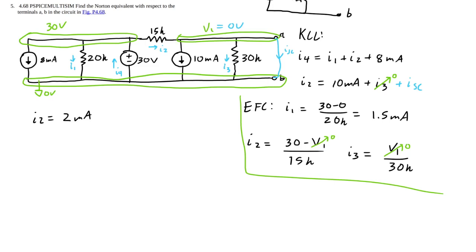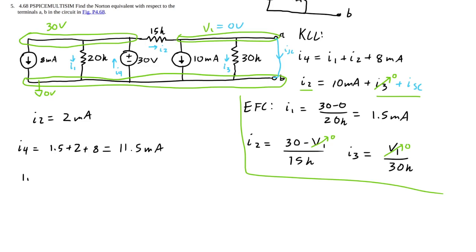So now we're going to calculate I4 pretty easily. It's not necessary, but I'll do it just real quickly. 1.5 plus 2 plus 8 equals 11.5 milliamps. Okay, so what's important is we want to find out what ISC is. So we know what I2 is.